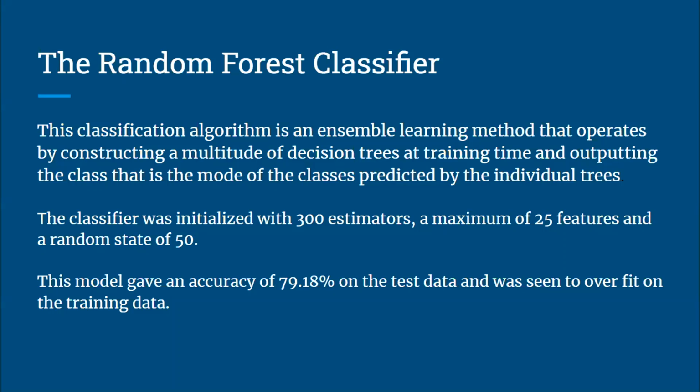By the way, we split the data sets into testing and training sections. 0.2, that is 20% of the data was used for testing, and we made sure that we stratified targets so that the same proportion of churned and retained customers will be in the test data and the training data. So this model gave an accuracy of 79.18% on the test data, but was seen to overfit on the training data. It had about 99.7% on the training data.